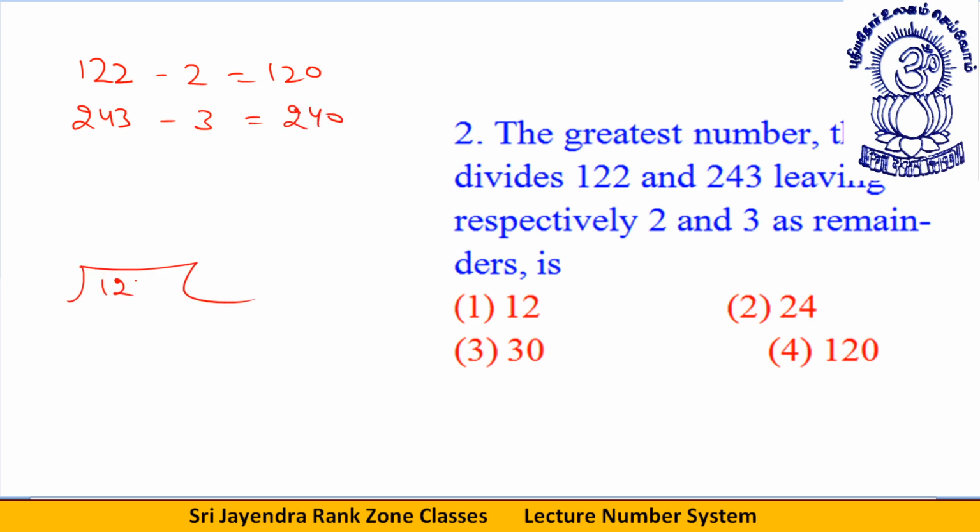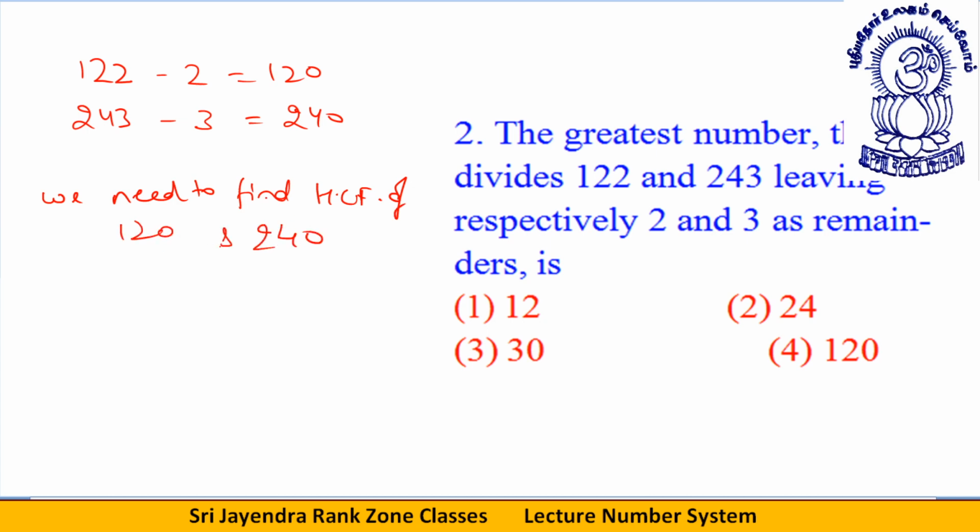There is a number 123. Okay, here is a divisor. You divide something, you get 3 as remainder. What does it mean? It means 120 is divisible. Okay, 120 is divisible. So that is why I write 120 over here. Okay, dear students. Now we need to find the HCF of 120 and 240.